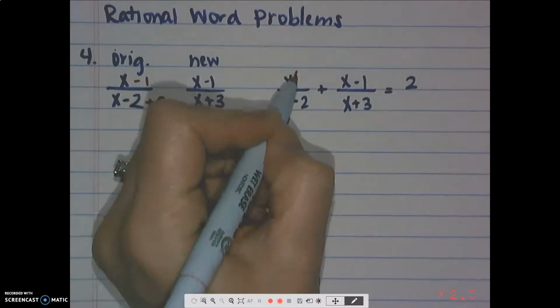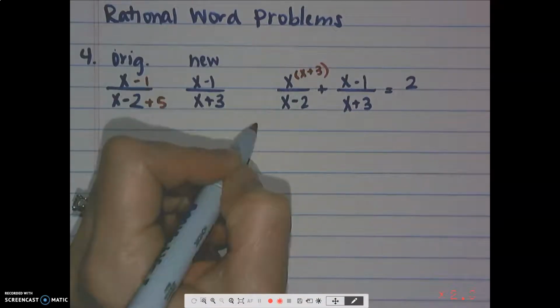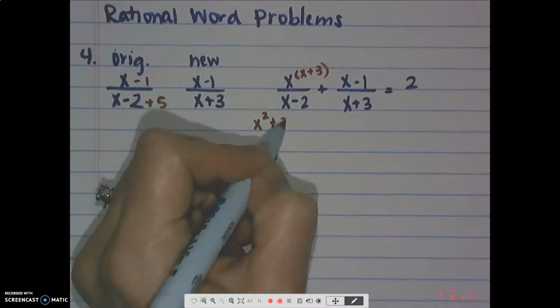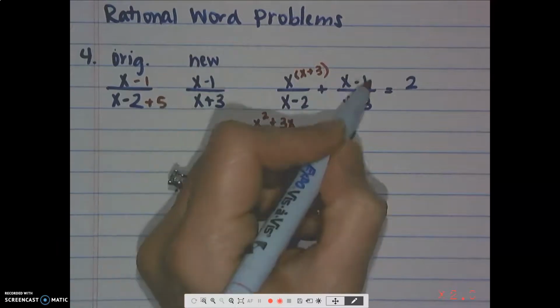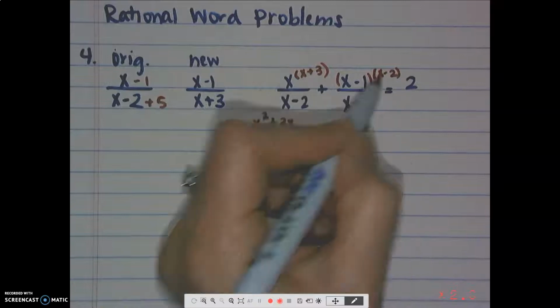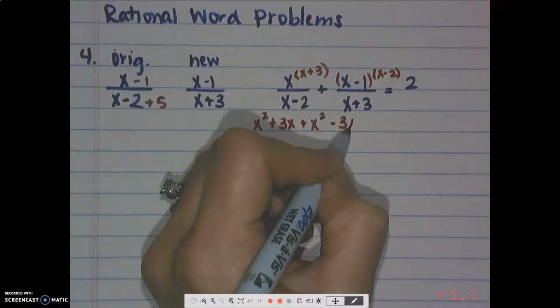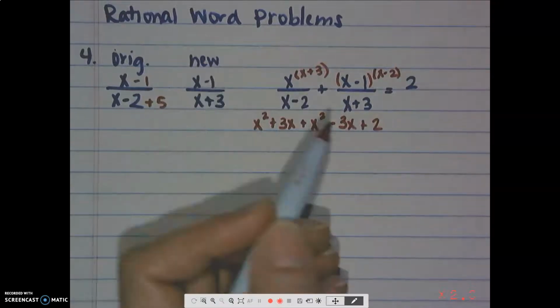So the first fraction is missing the x plus 3, so that would give us x squared plus 3x. And the second fraction here is missing the x minus 2. So when we distribute those and combine like terms, we get x squared minus 3x plus 2.